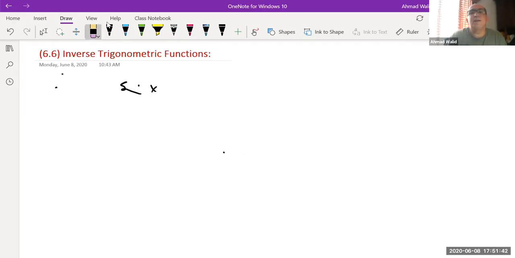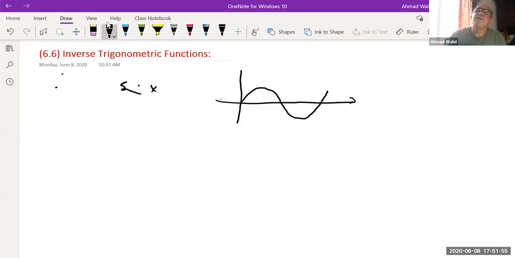The graph of sine x is this shape, right? And you know it's not a one-to-one function. If it's not a one-to-one function, then it doesn't have an inverse. But if I restrict the domain of sine x, then it becomes a one-to-one function.